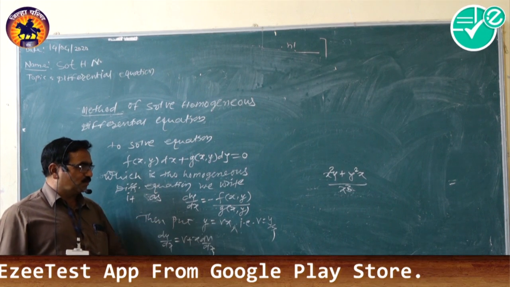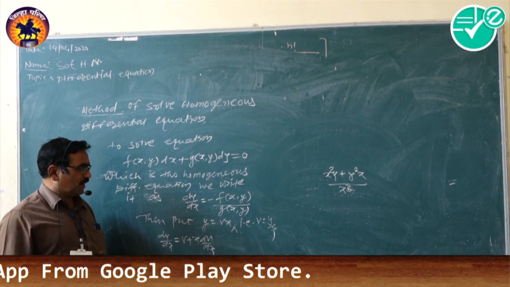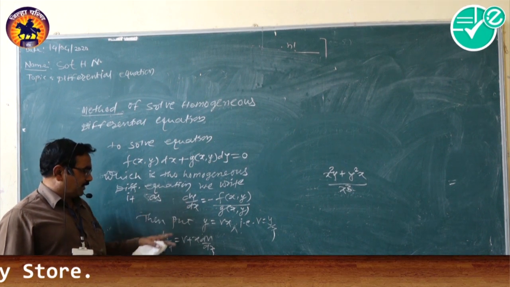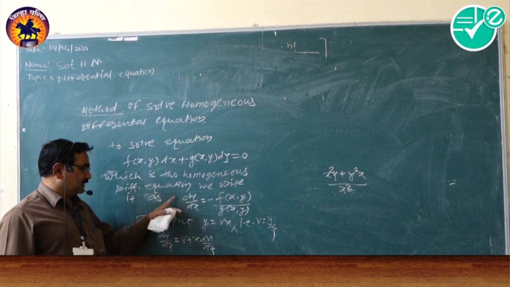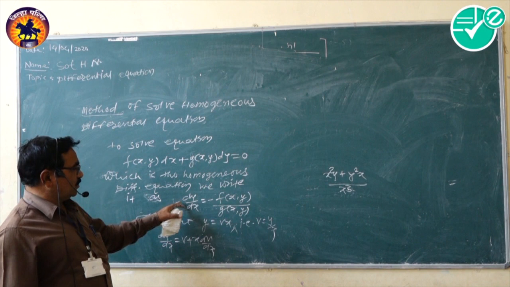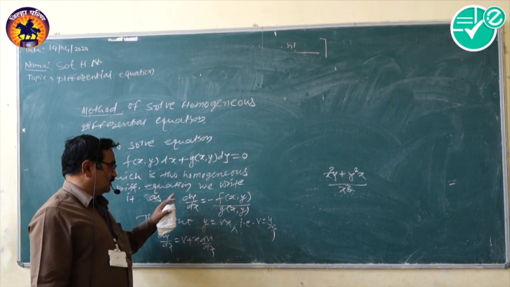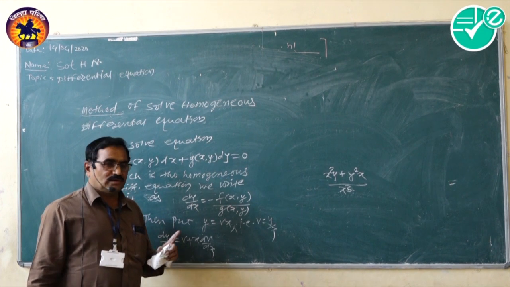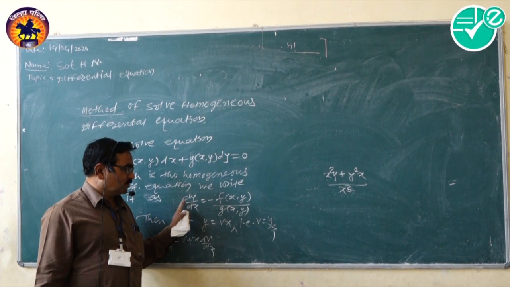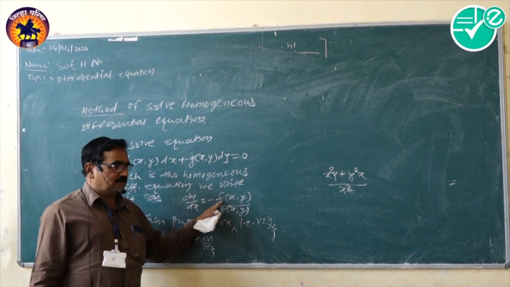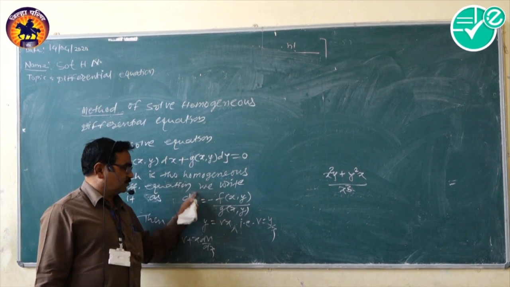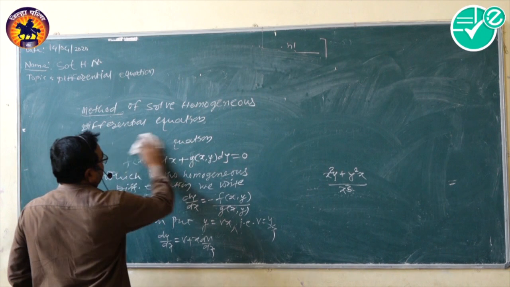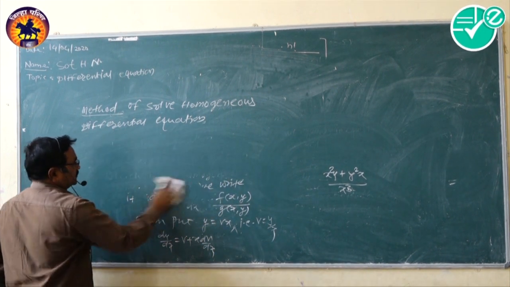Put y = vx, that is v = y/x, and replace this value, and the coefficient of dy/dx must be 1. If there is any other term, we divide and multiply so that its coefficient is 1. Then we take a problem on this method.